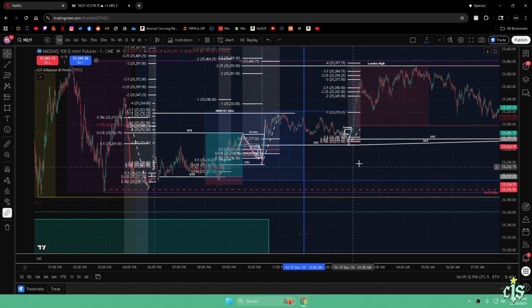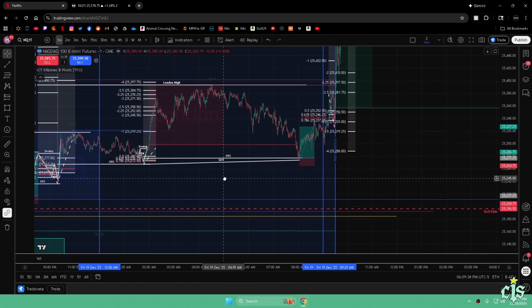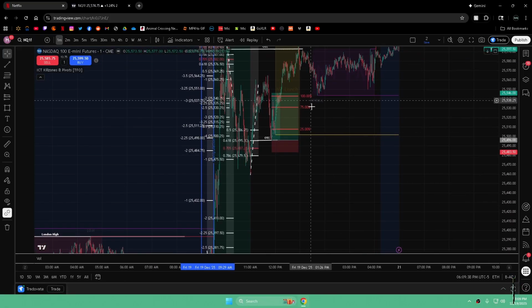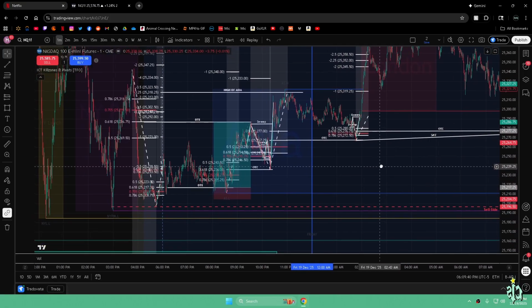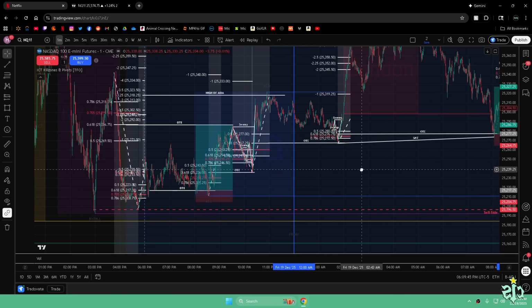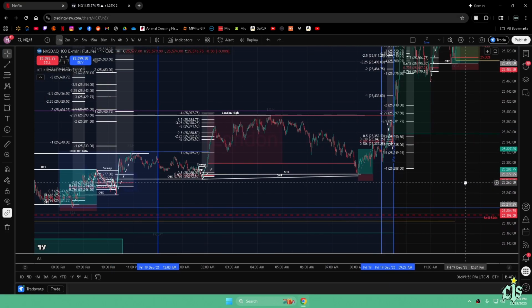This long right here. 4 trades, 1 loss, or 1 loss and 1 break even, I believe. I forgot where I went break even. But yeah, or it was this one. No. Yeah, it was this short and then this long that I did. Right?